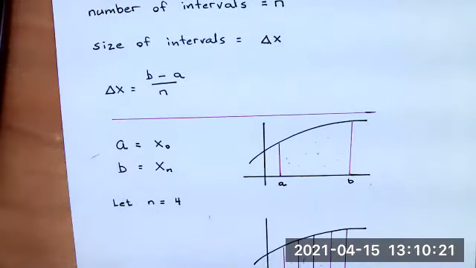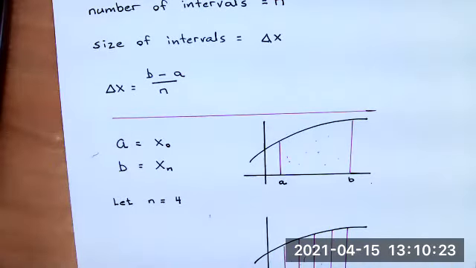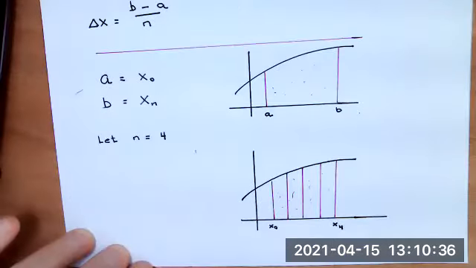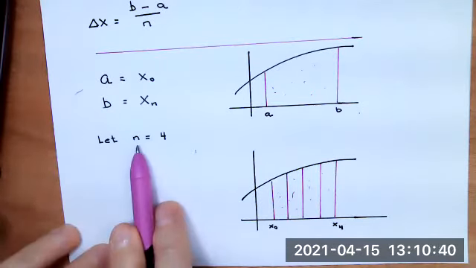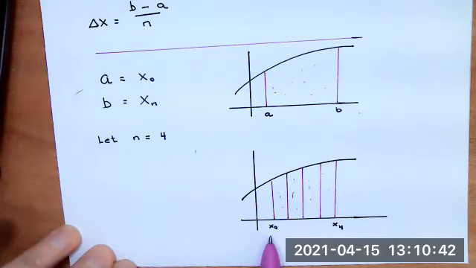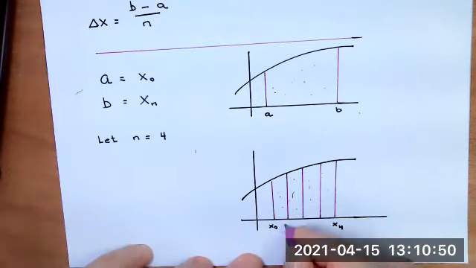So suppose the number of intervals is 4, then your left value of x is x0, the right one is x4, so this is x1, x2, x3, and this is the notation you'll use when you're taking calculus.